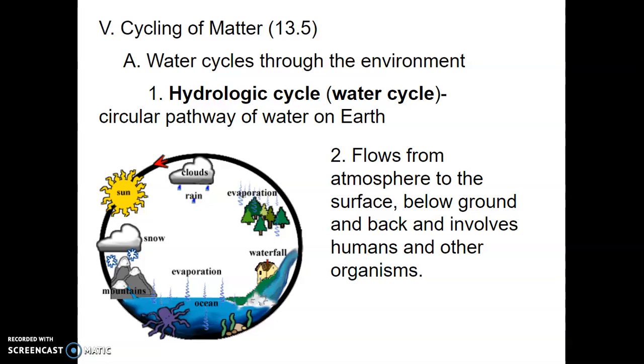The hydrologic cycle, more commonly known as the water cycle, is one that you've probably learned about in elementary school somewhere. It's very popular in elementary type science because it's so easy to observe. This is the pathway, this cycle, the circular pathway of water on Earth.